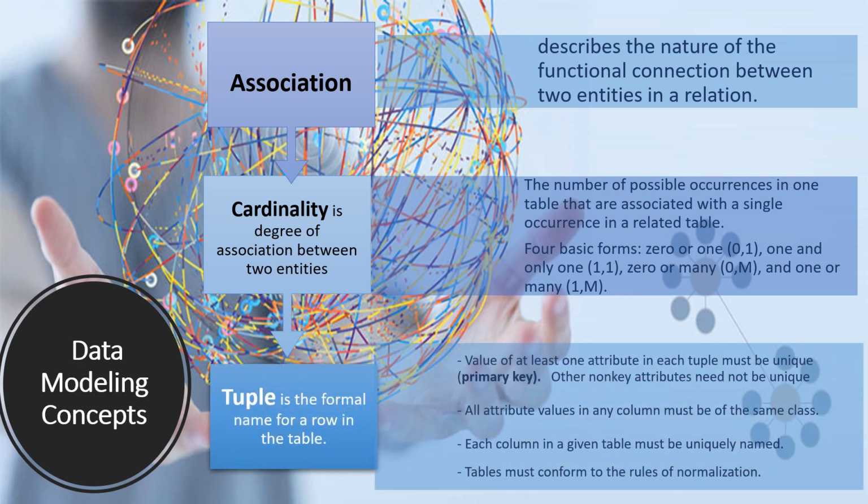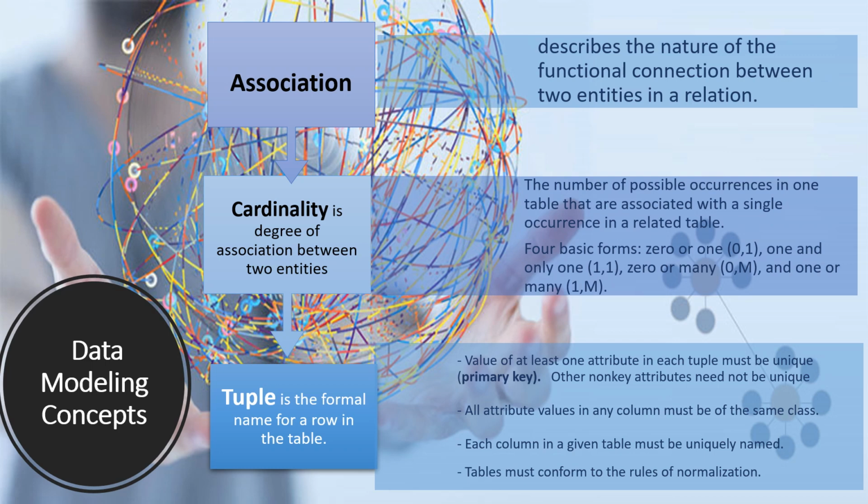Then we have the tuple, which is a formal name for a row in the table. Someone will ask why we call it tuple. It is a database or programming terminology given to the row in any database or table.